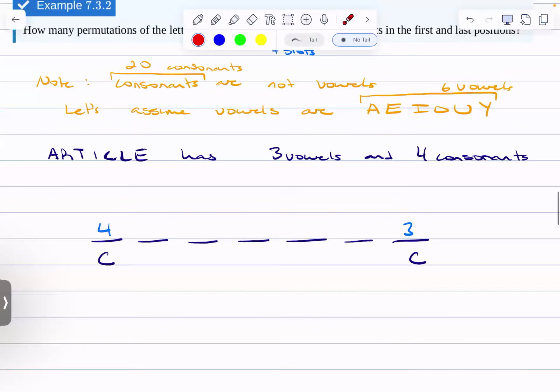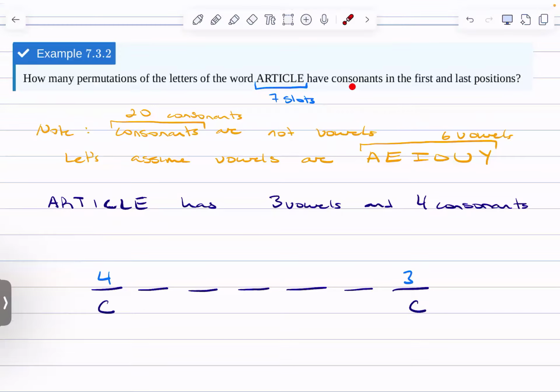Now, I've used up 2 of these letters, which means I have 5 left over, right? And there are no other restrictions. I have to have consonants in the first and the last positions, and I've dealt with that.